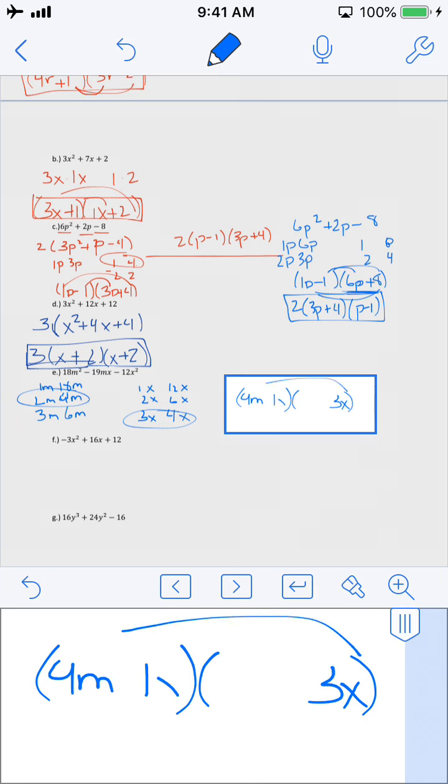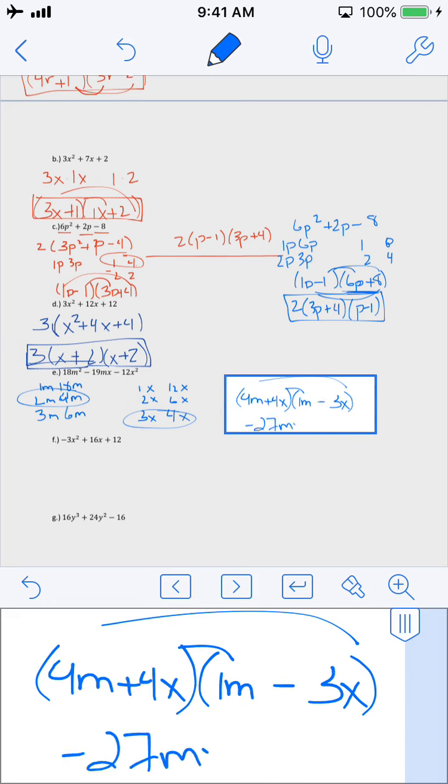And if I do 1m and 4x, that's going to give me 4. And if I make the 27 negative, I get negative 27mx plus 4mx.